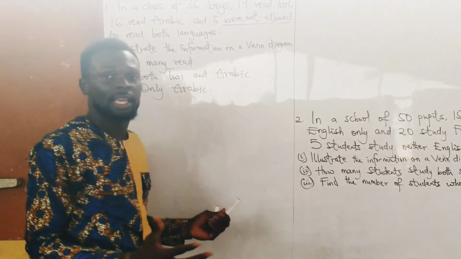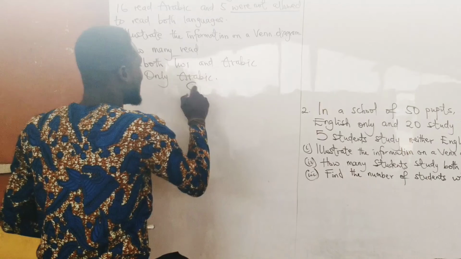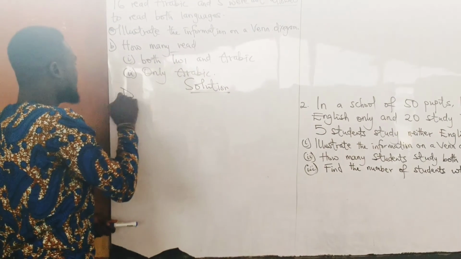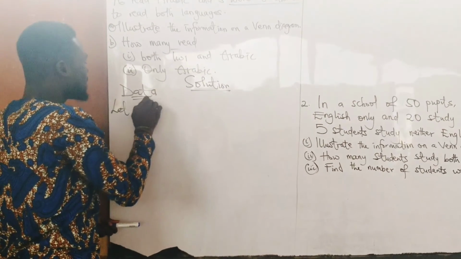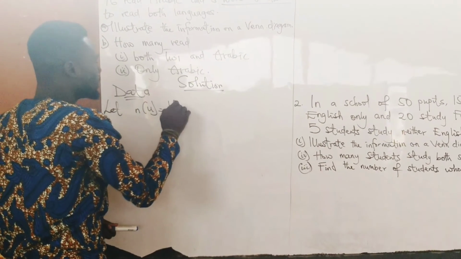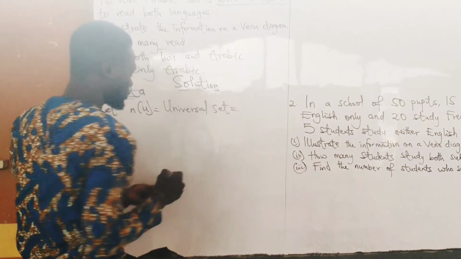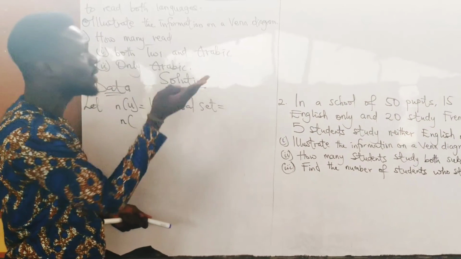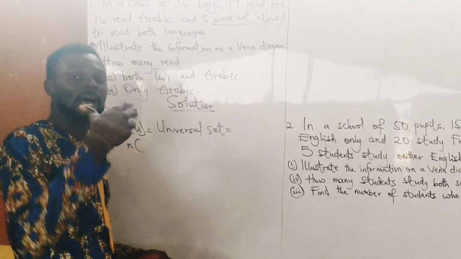So to do this, as we know, we have to write our data. I have my solution. I'm going to define it as: let the number U, as usual, be the universal set. Then from the question, we have two languages mentioned: Chi and Arabic.